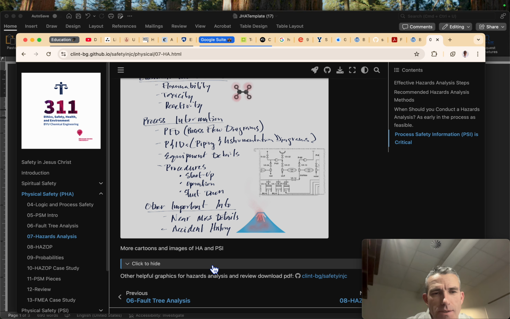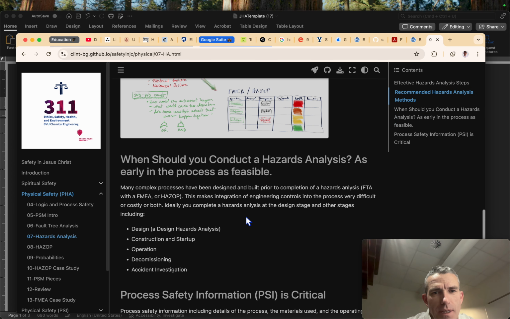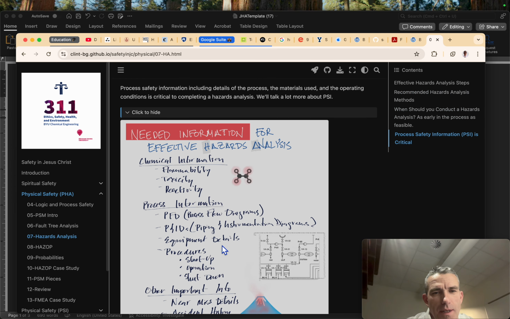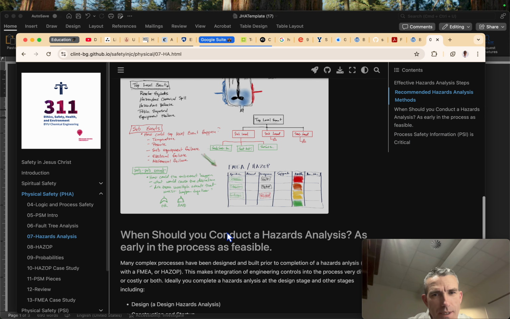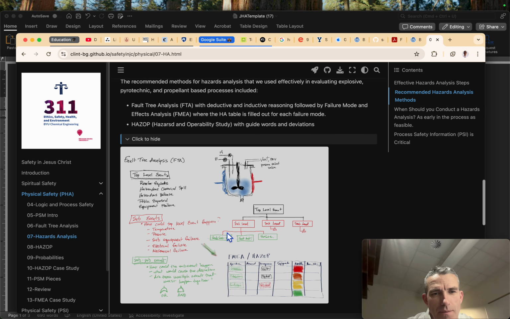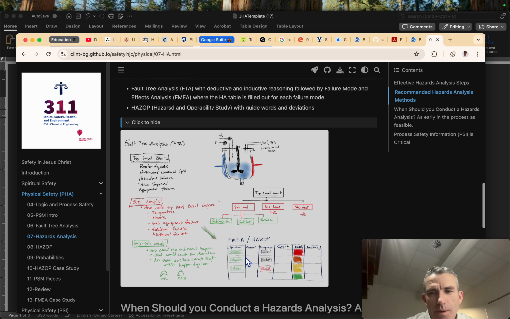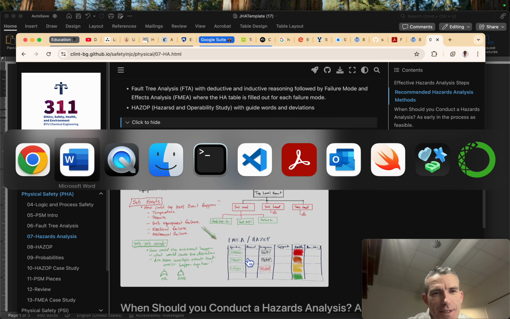For your homework, I'd like you to go through these steps. I'm not going to ask you to complete a whole lot of compiling of process information, but the homework steps include completing a fault tree analysis and then filling out the hazards analysis table for cooking or canning green beans.